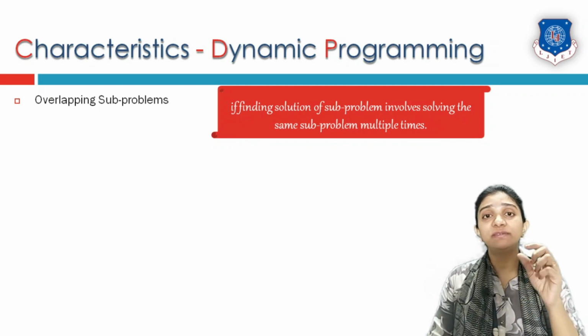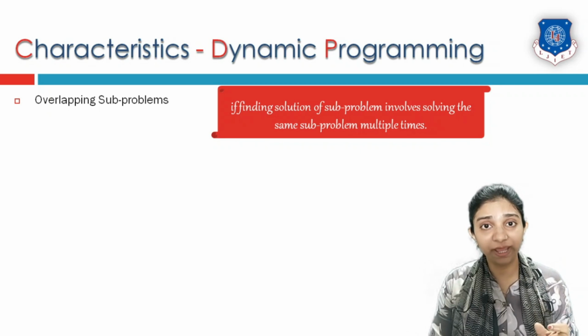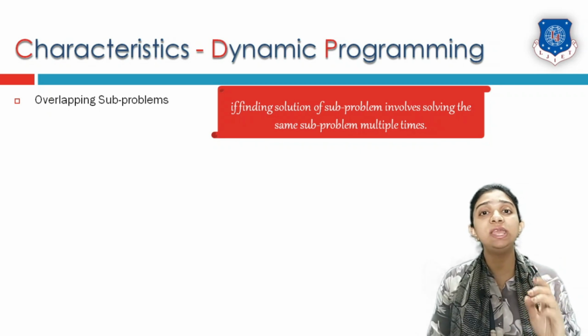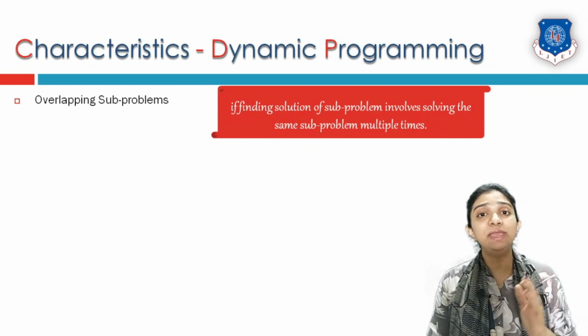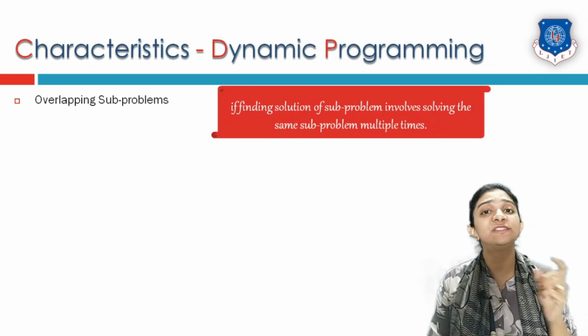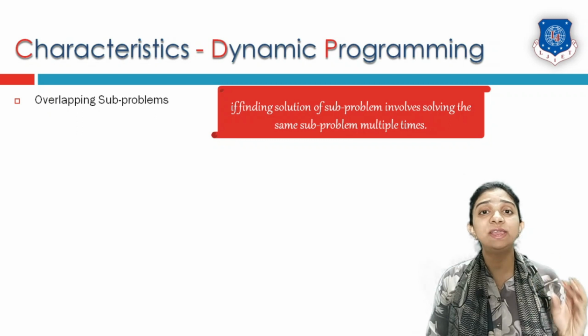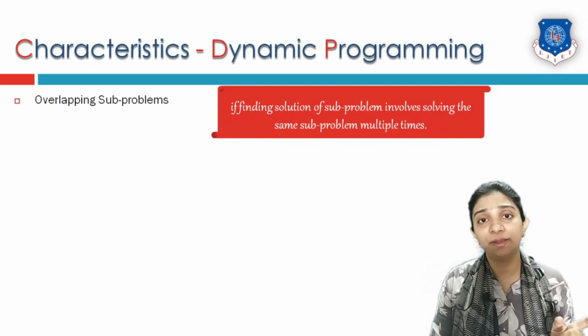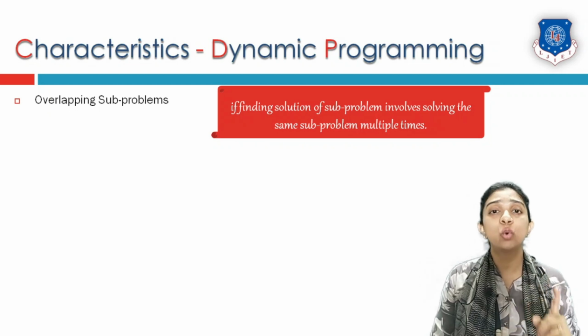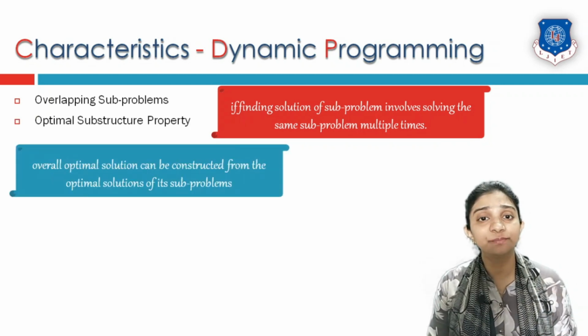That means whatever subproblems we obtain are not used only once in a complete solution. There will be multiple repetitions of the same subproblem where we can substitute the once calculated answer everywhere. So that is called overlapping subproblems.